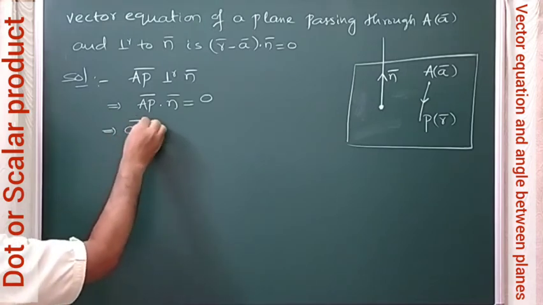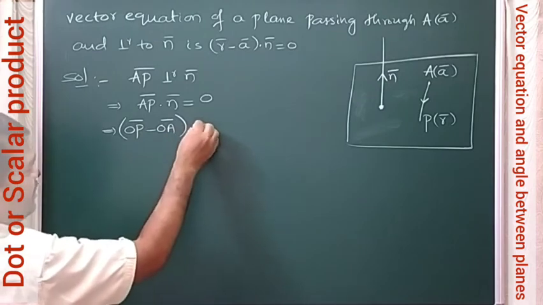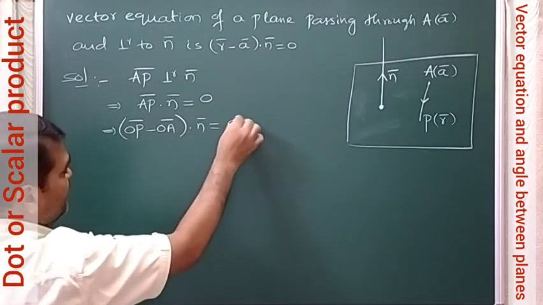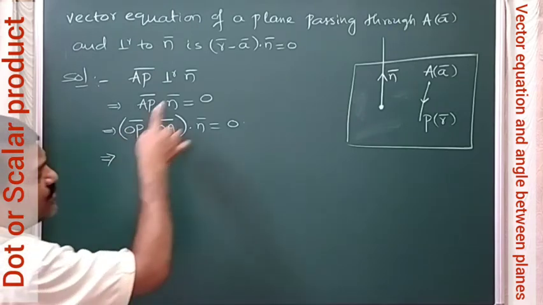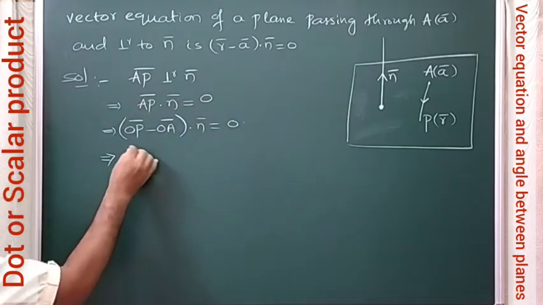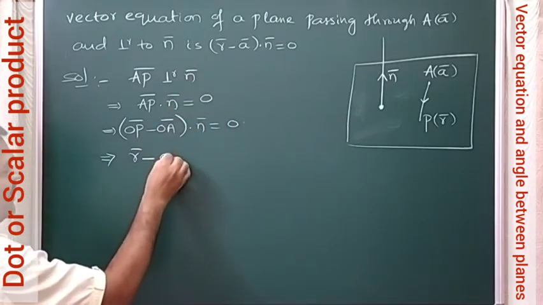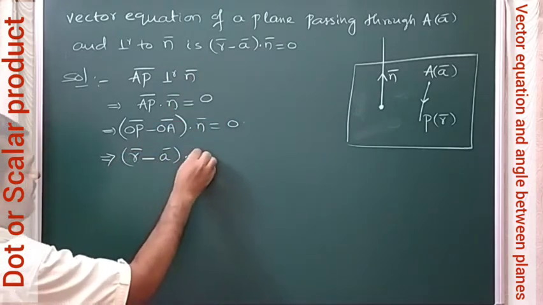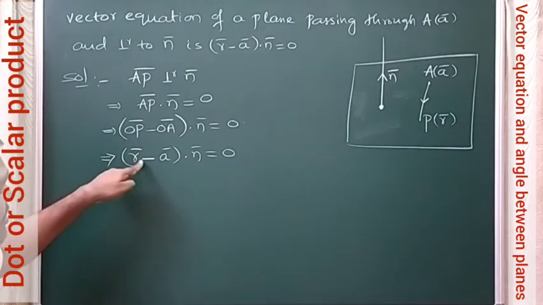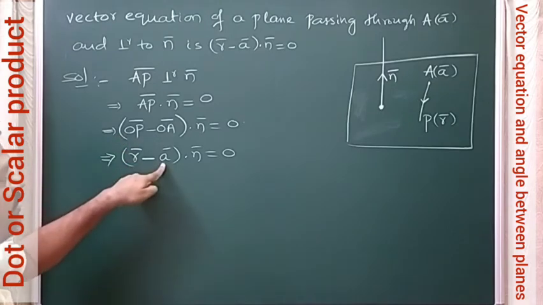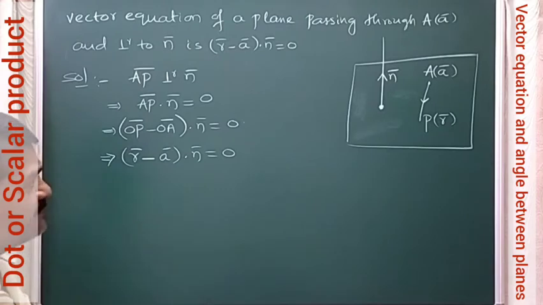AP bar can be written as OP bar minus OA bar, dot n bar is equal to 0. So what is OP bar? Position vector of P, R bar. OA bar, position vector of A, A bar. Dot n bar is equal to 0. So this is your vector equation of plane passing through A bar perpendicular to n bar. So this is the required equation.